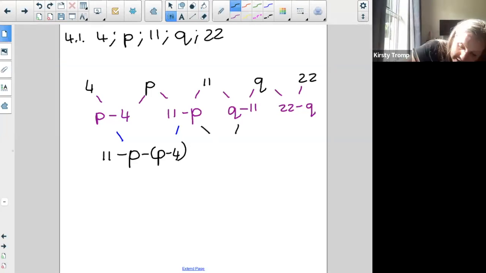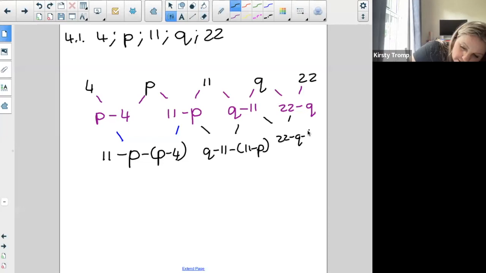For this one, I'm going to have Q minus 11, minus 11 minus P. And for this last one, I'm going to have 22 minus Q, minus Q minus 11. Pulling, you are absolutely right. That is how you get it.